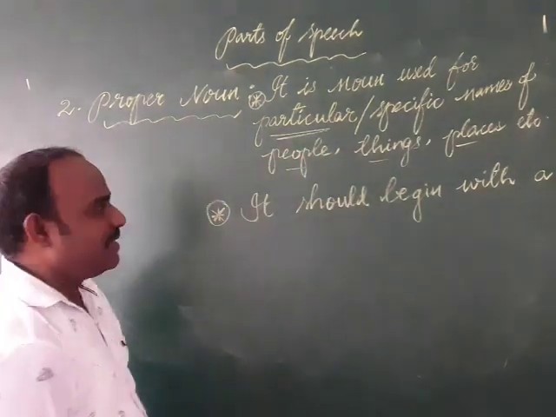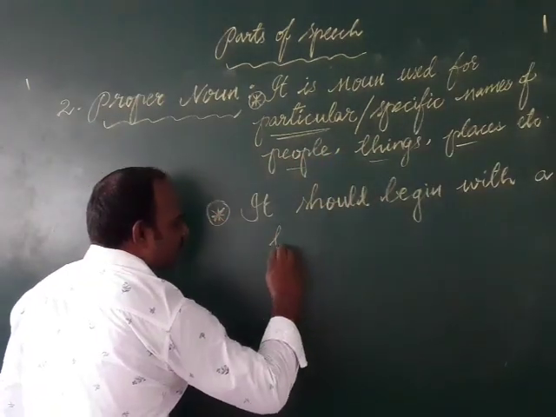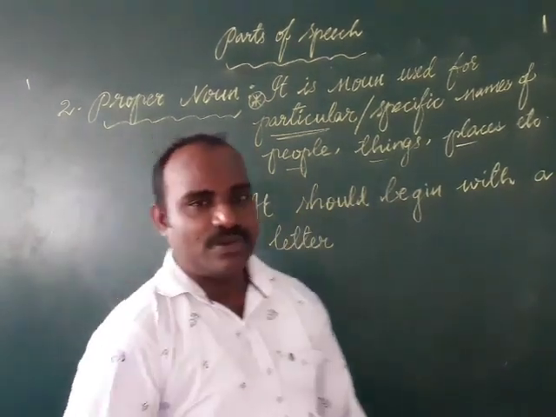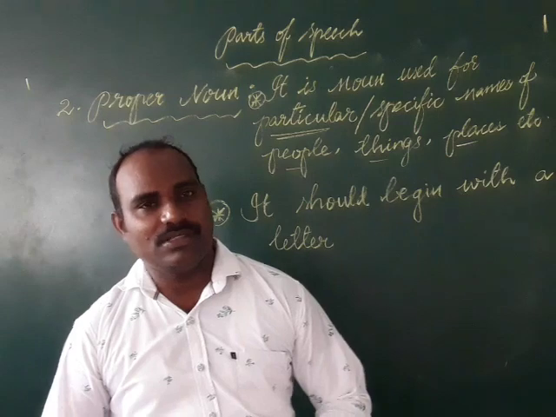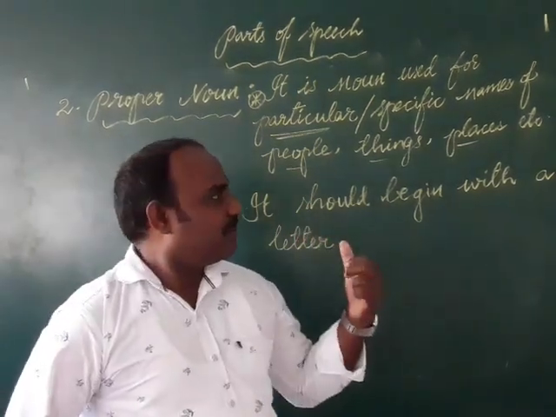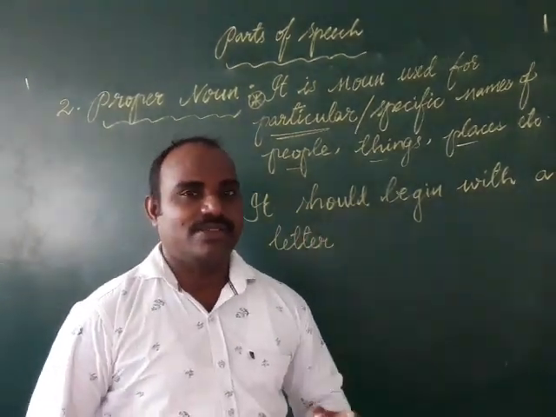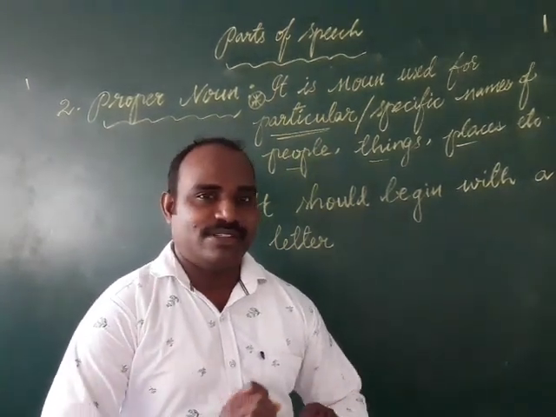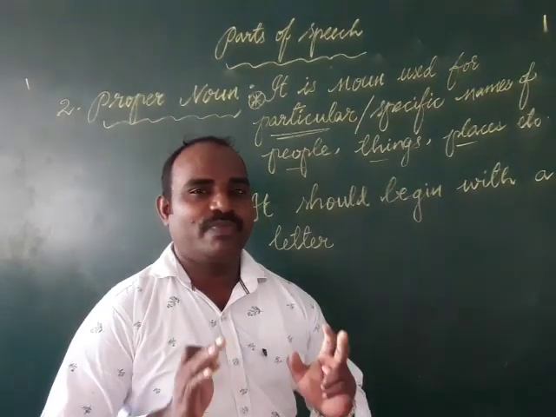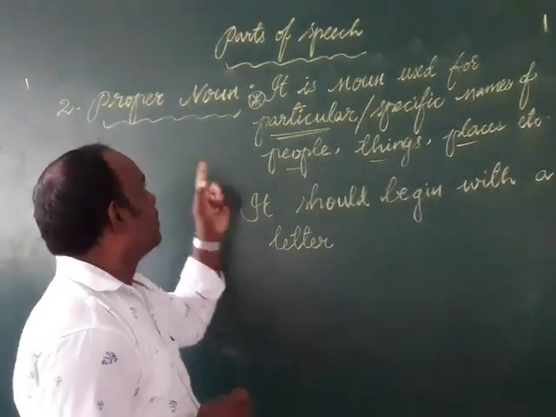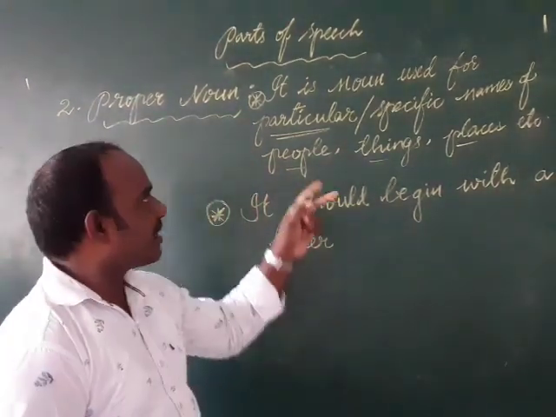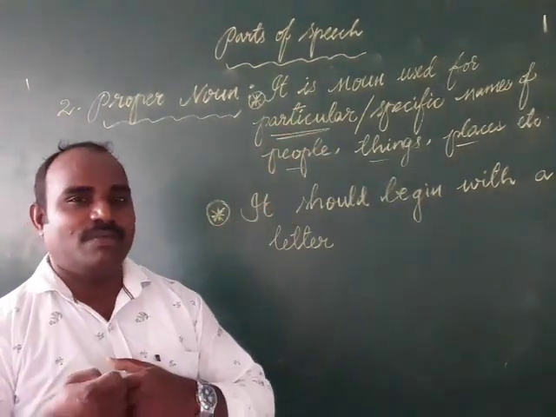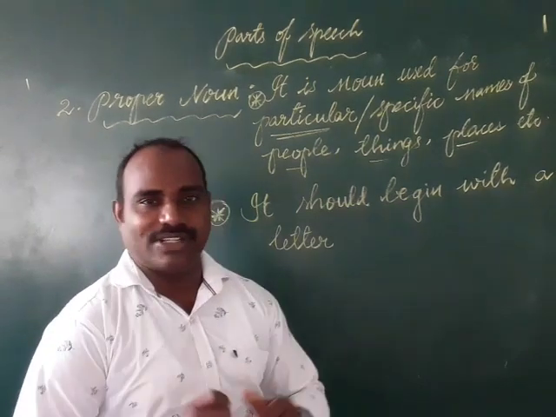Wherever it comes, it doesn't matter. Sometimes the proper nouns may be at the beginning of the sentence or in the middle of the sentence or at the end of the sentence. Wherever it comes, it must begin with a capital letter. Proper nouns are nothing but the particular or specific names of people, things, places, rivers, animals, etc.